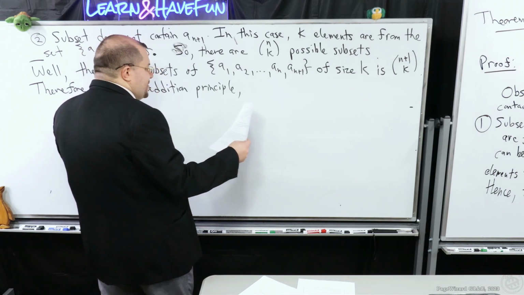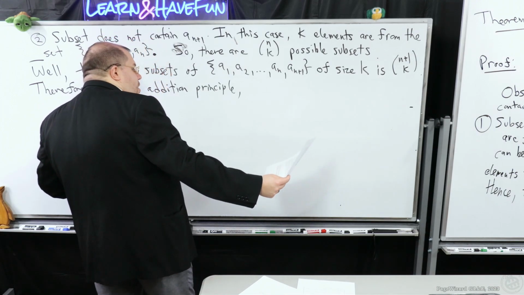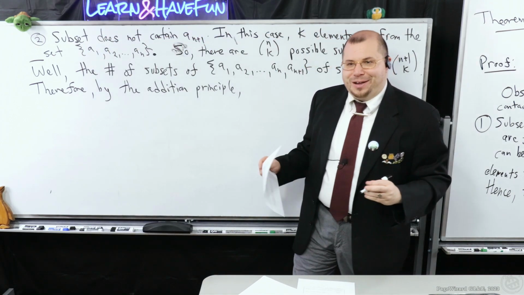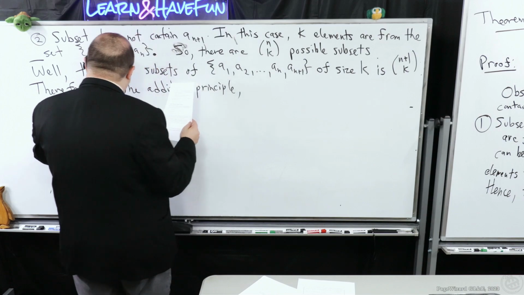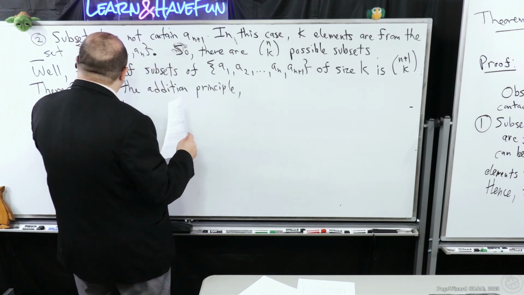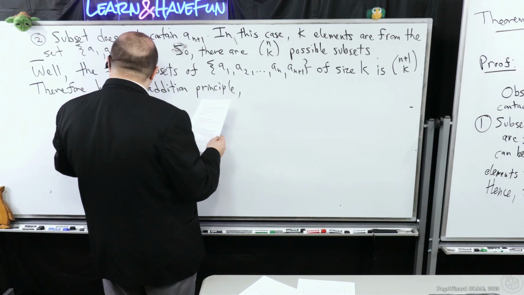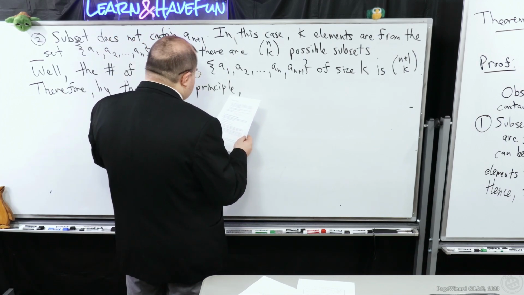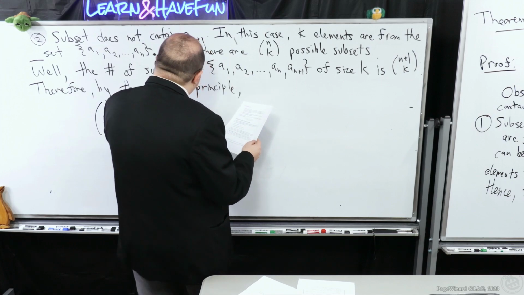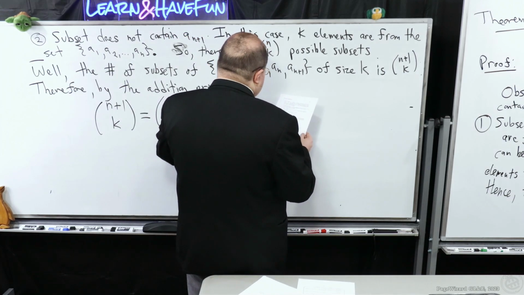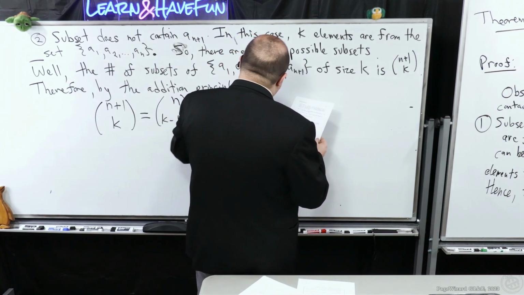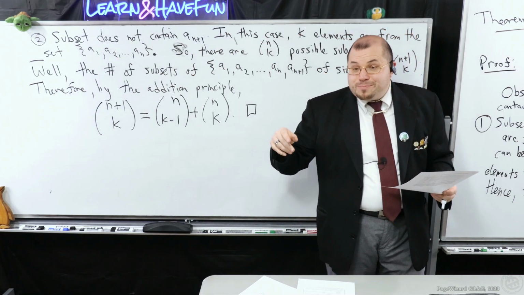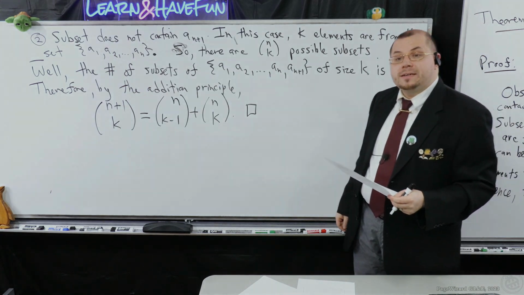But we determined those counts, and that would be all of those subsets. But we know it's equal to this, and we're done. So we have, therefore, by the addition principle, n plus 1 choose k is equal to n choose k minus 1 plus n choose k. And we're done. That completes the proof. So indeed, Pascal's formula is correct.